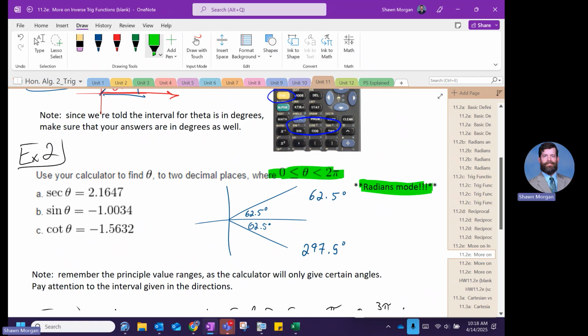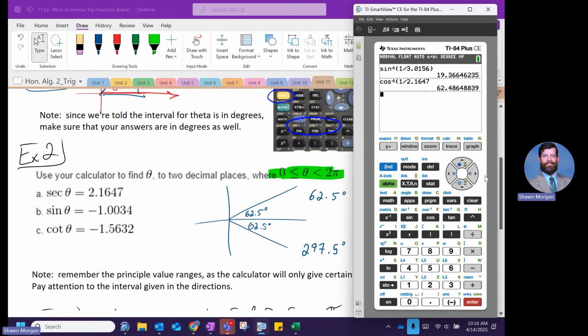Yeah, they're in degrees. How do I do a conversion? Times pi over 180. Good. And that's where the calculator helps me out. 62.5 times pi over 180. No, you don't. Good question. 1.09.